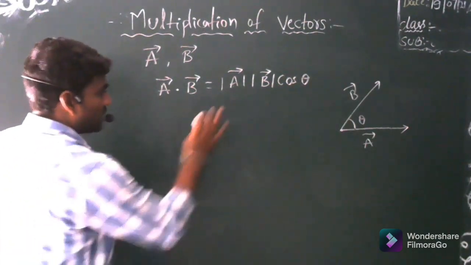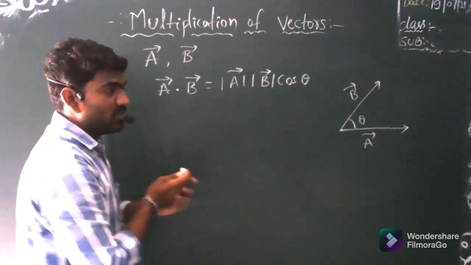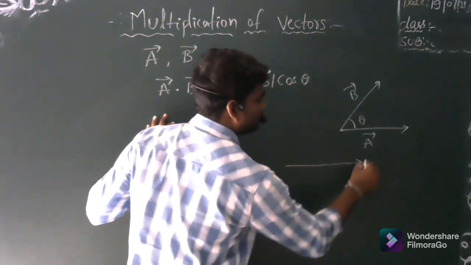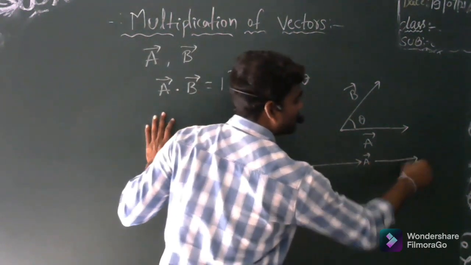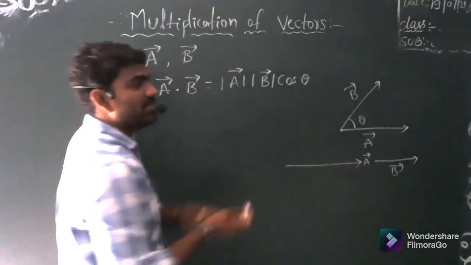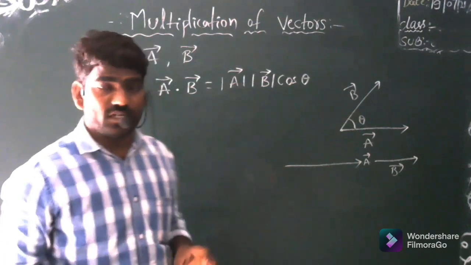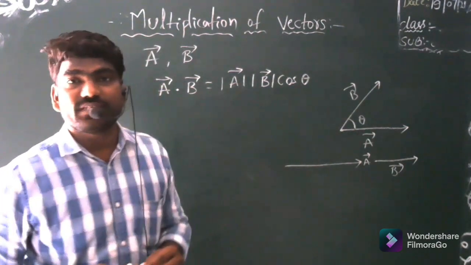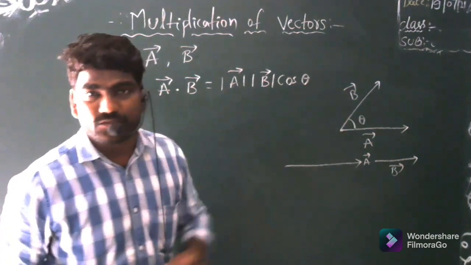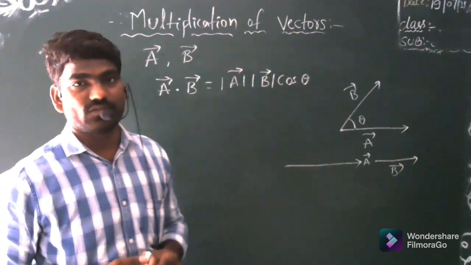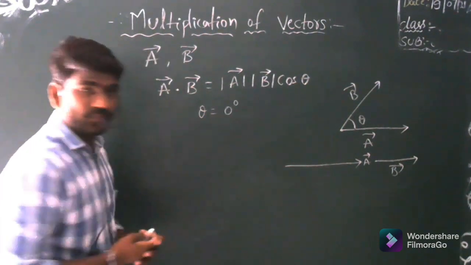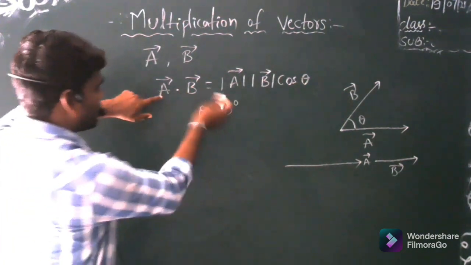Let us see. Suppose the two vectors are acting in the same direction, say an A vector and one more vector, the B vector. If these two vectors are moving in the same direction, or are parallel to each other, the angle between them is 0 degrees. So when theta equals 0 degrees, what will be the result of this dot product?